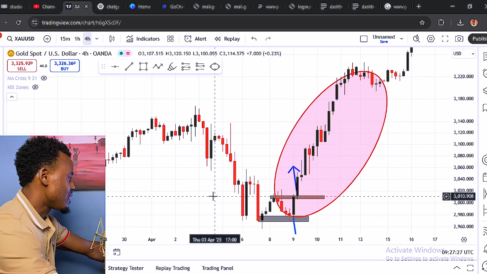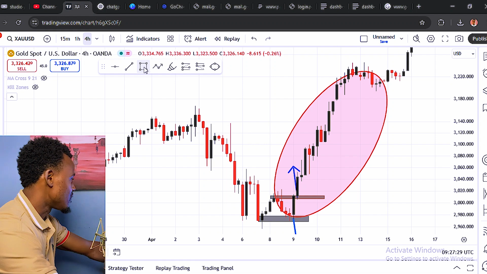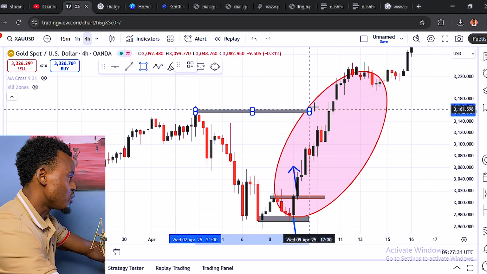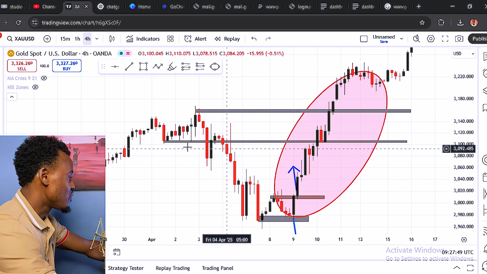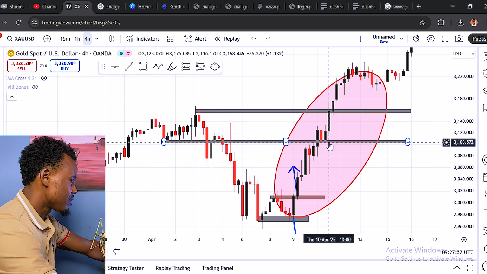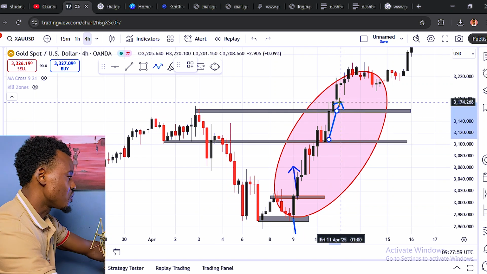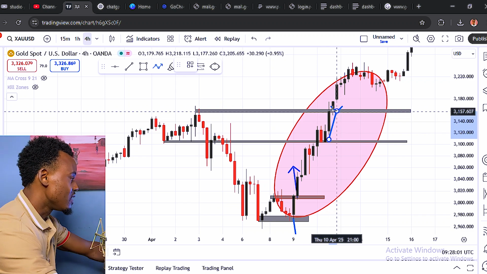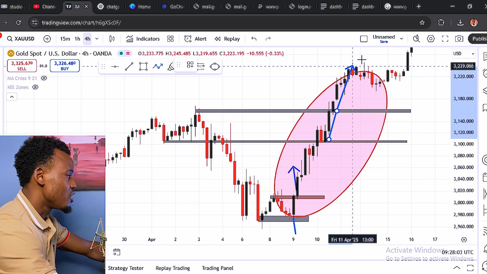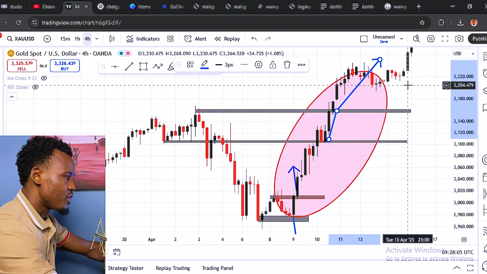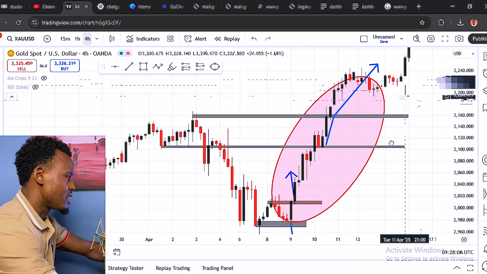What you're going to do right here is take your first profit around this zone, because you're not supposed to be greedy. You can choose to take your first profit somewhere here, take your second profit somewhere here, and wait to see what price will do around here. Whatever price does around here will determine your next take profits. I hope that is clear enough.